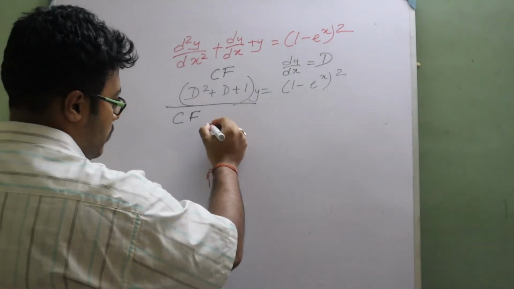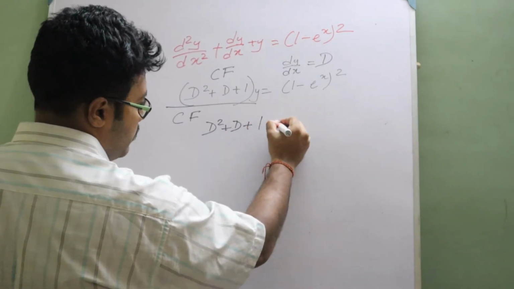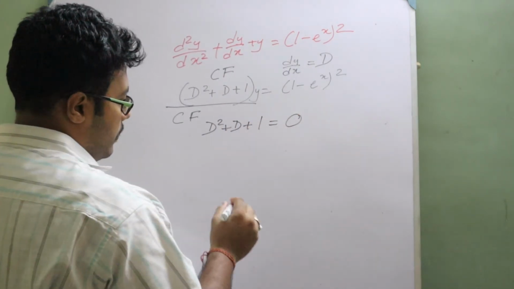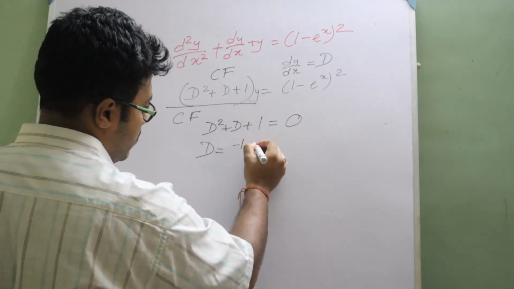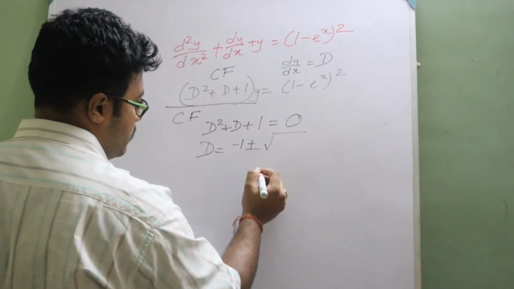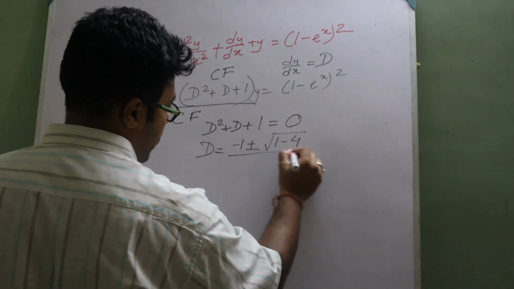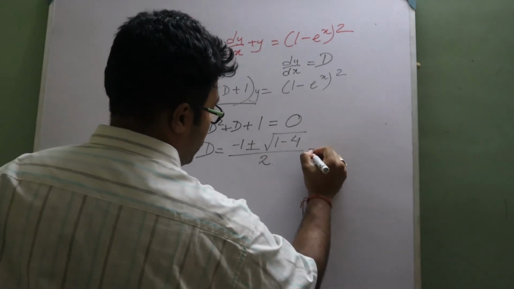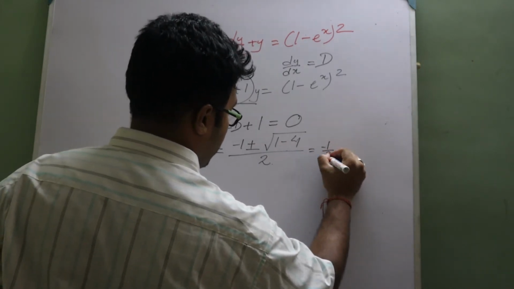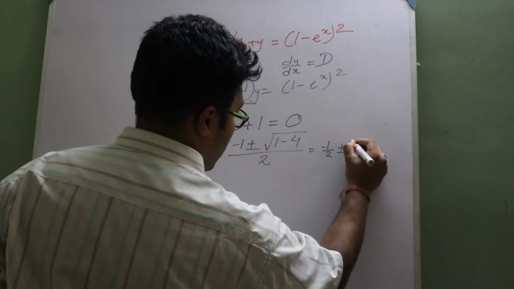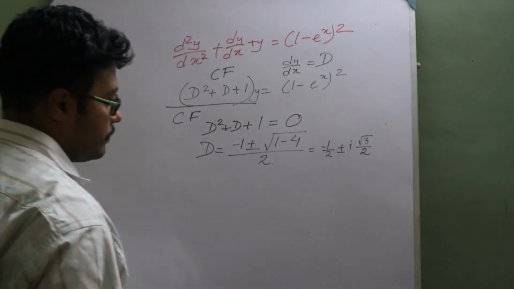So D square plus D plus 1 is equal to 0. Applying Sridharacharya's formula, D is equal to minus 1 plus minus root of b square minus 4ac, by 2, which is minus 1 by 2 plus minus i root 3 by 2.